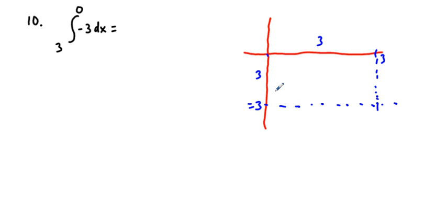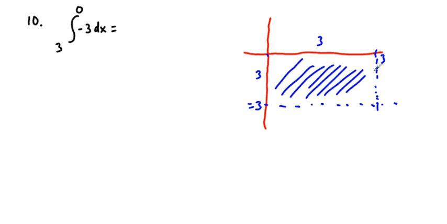So we're going to have 9. This is below the x-axis, so it will be negative 9, but we're going from 0 to 3, so we're going to get negative 9, which is equal to 9. So equals 9. That's going to be your answer, number 10.